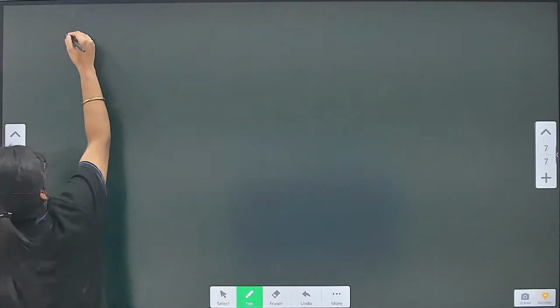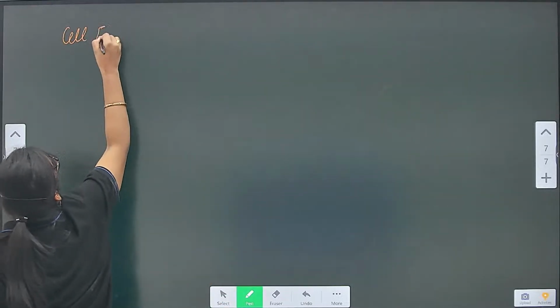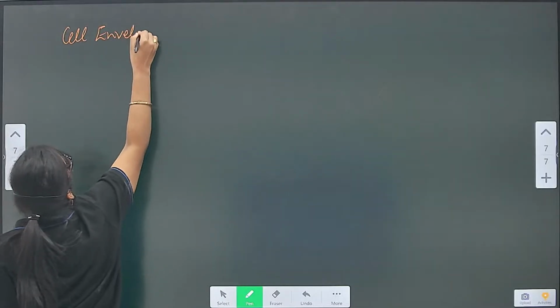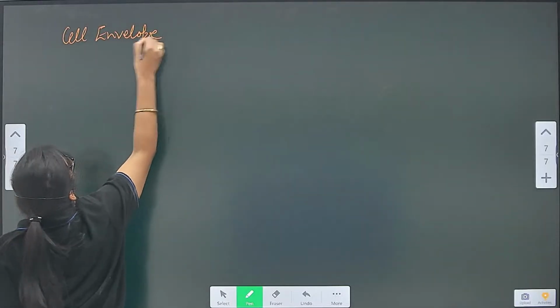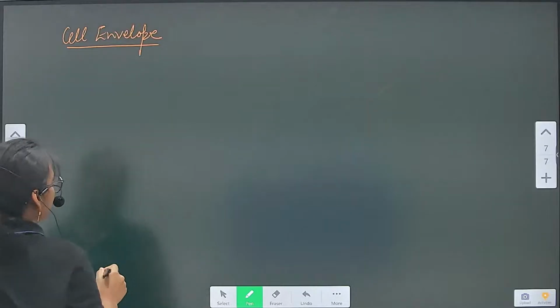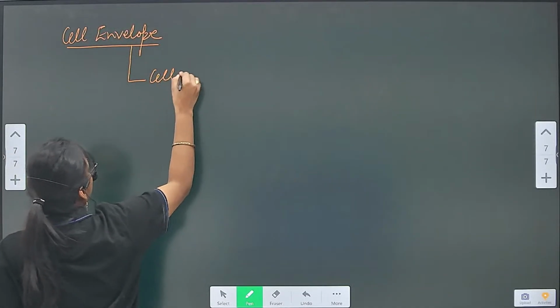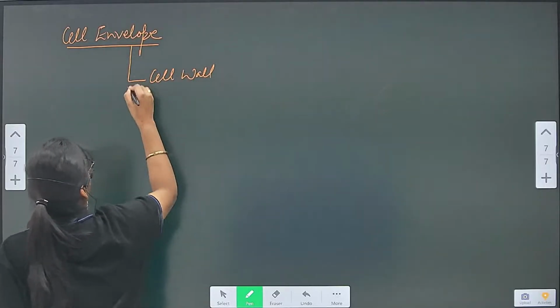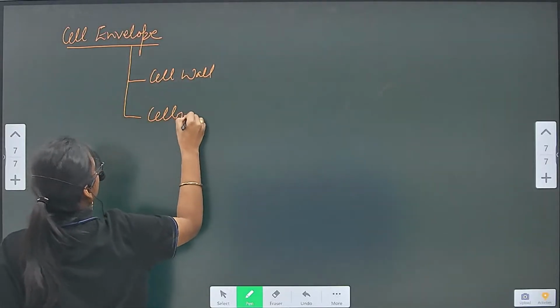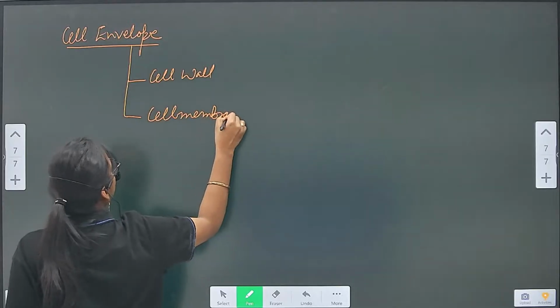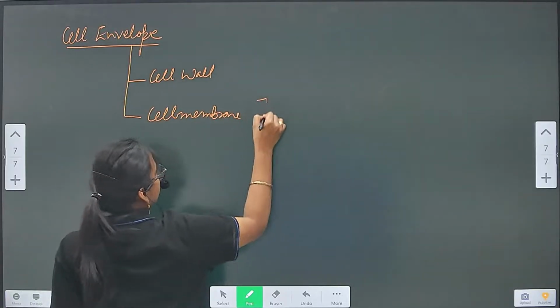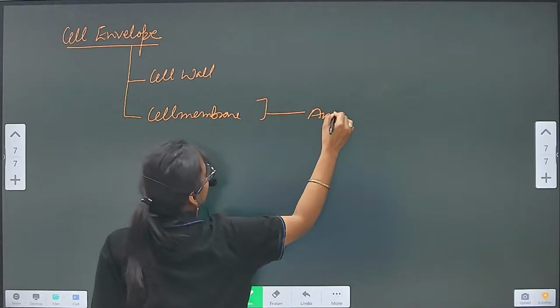If I talk about the cell envelope in case of a eukaryotic cell, then it consists of two structures, cell wall and cell membrane.